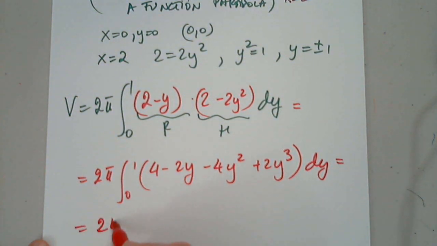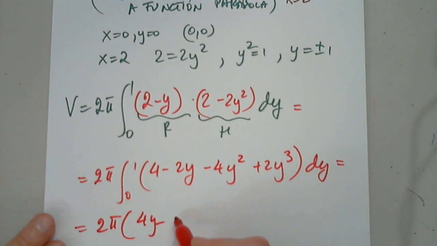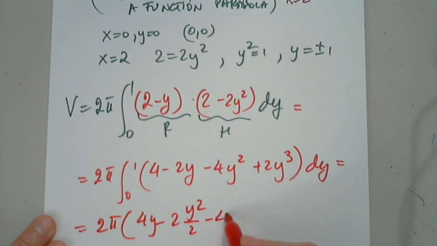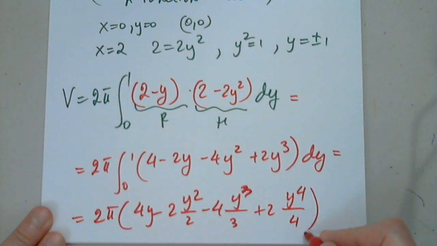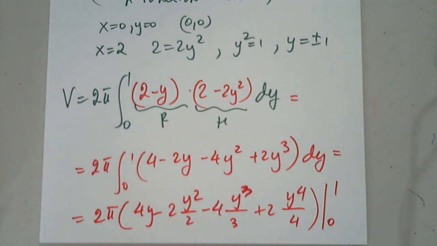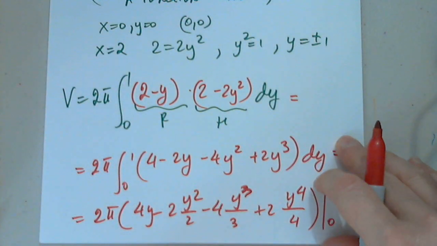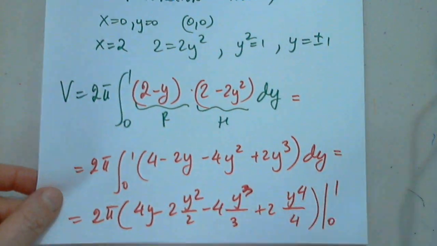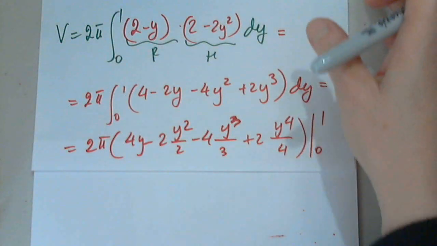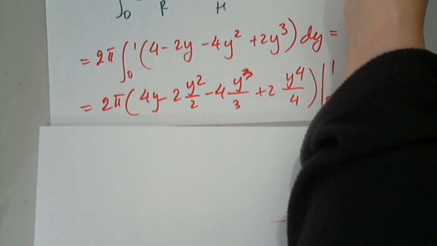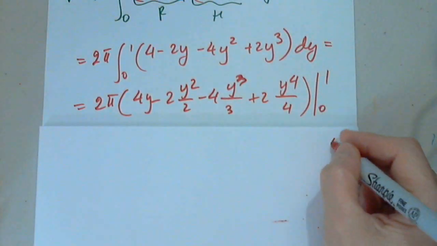So this is 2 pi times 4y minus 2y squared over 2 minus 4y cubed over 3 plus 2y to the fourth over 4. And luckily, I only have to plug in 1. So let's see what we get when we plug in 1. So that's my page 6.